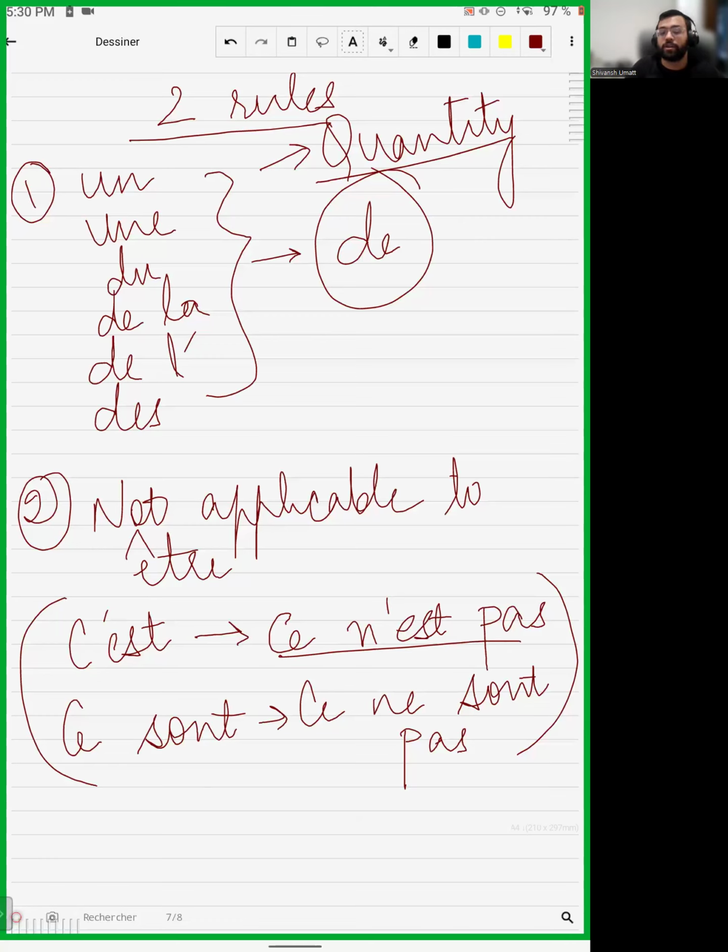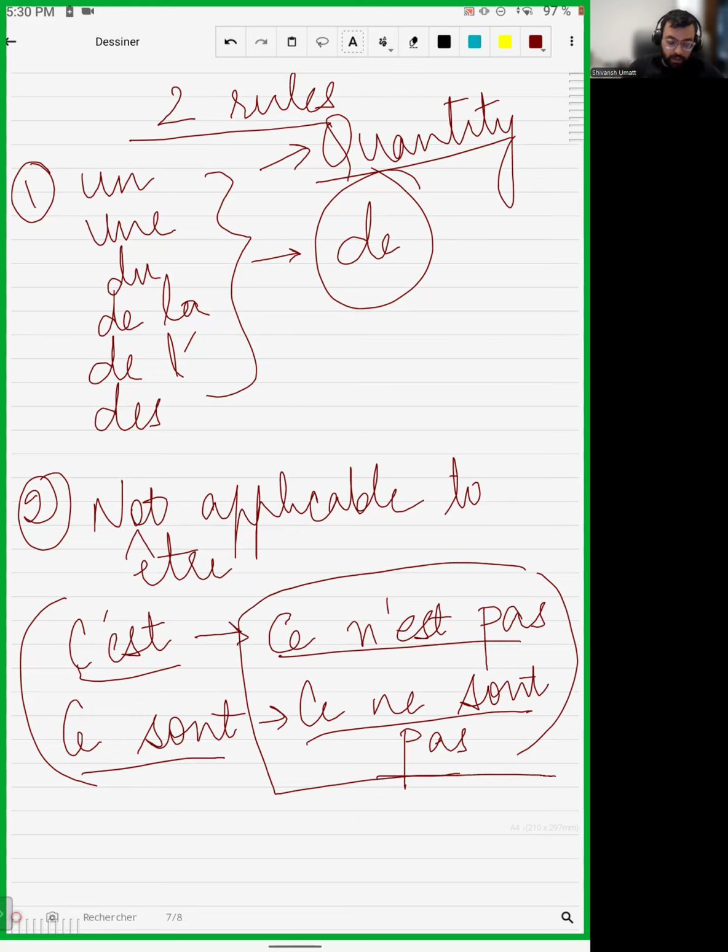This is not. C'est, ce n'est pas. And these are not. Ce sont, ce ne sont pas. Okay? When you are using ce n'est pas or ce ne sont pas, these words remain unchanged. They don't become de. They remain as they are.